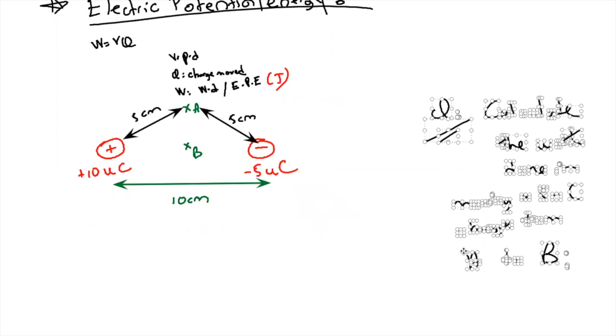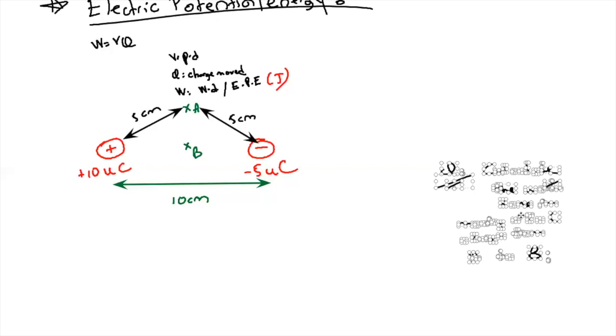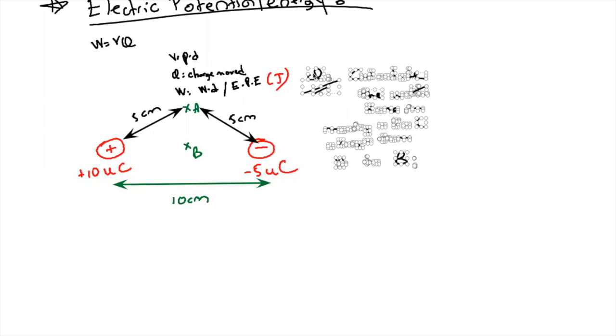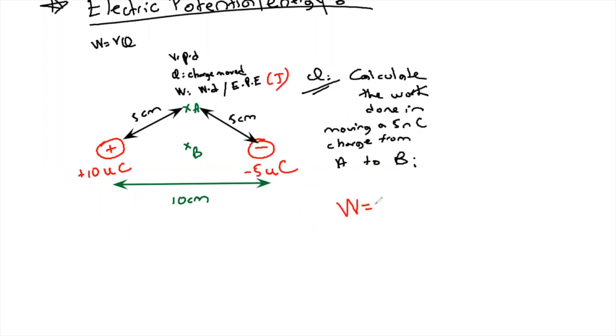This was the question, this was the situation. Let's observe the formula. What did I mention when I was teaching you this formula? We had this formula, which was W is equal to VQ, right? And this V over here is not potential, it's potential difference.